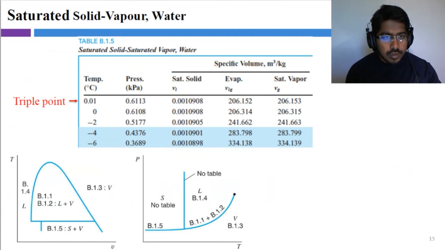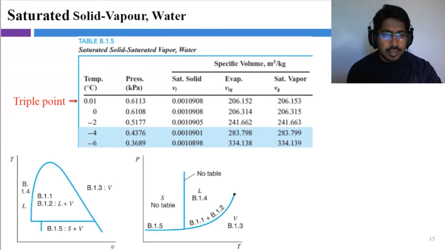Like this is for the solid-vapor region, right? Solid-vapor region tables, similar to other two-phase tables, there's a table for that. But in this course, we will not need this table for our calculations, right?